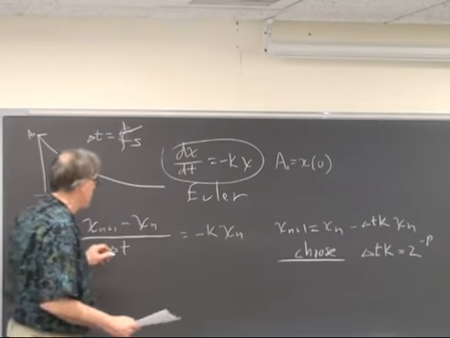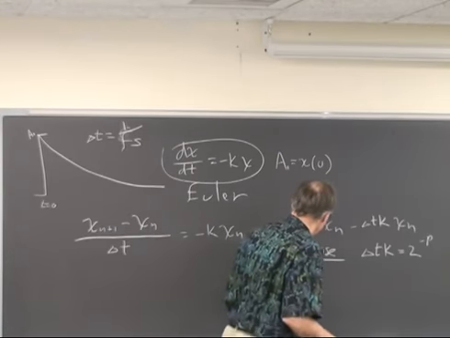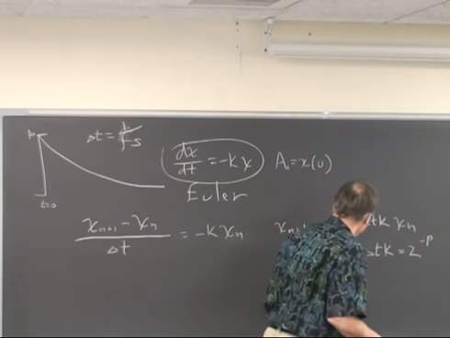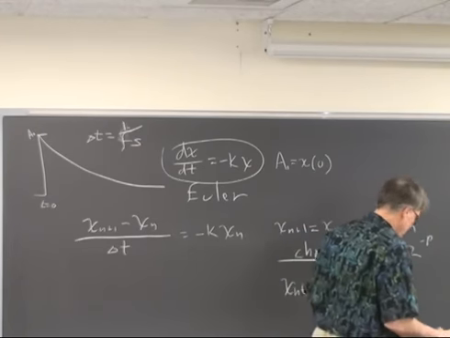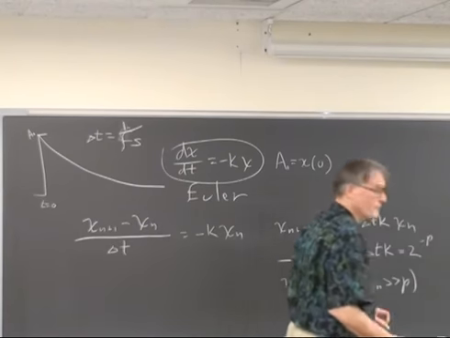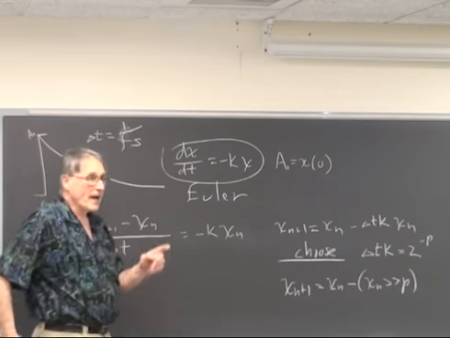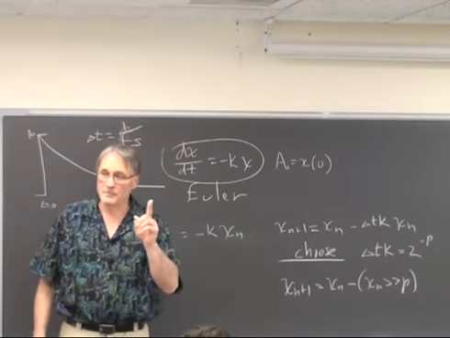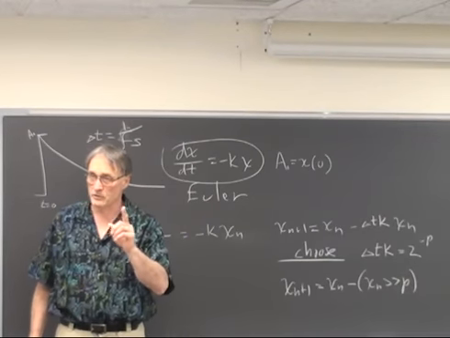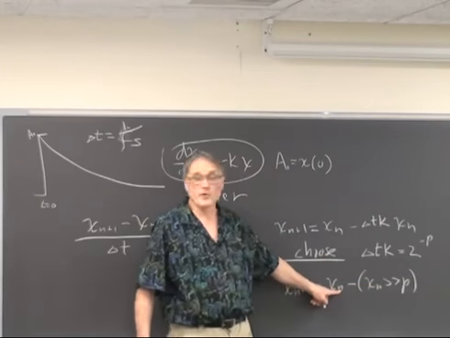And when we do that, then this equation becomes x_(n+1) is equal to x_n minus x_n shifted right by p. That's pretty fast. So for every time step, to calculate an exponential, you have to do one shift and one subtract.